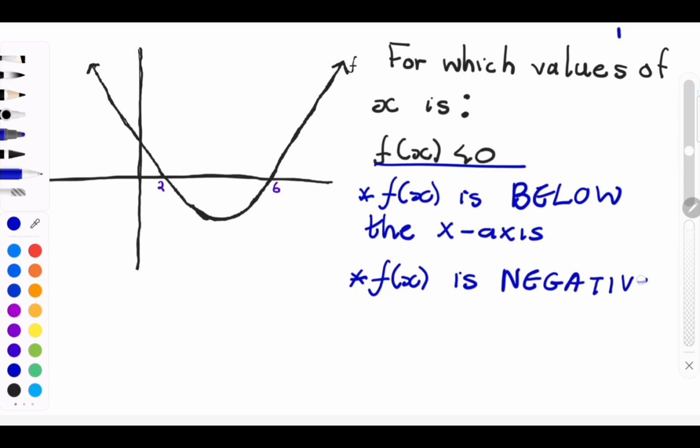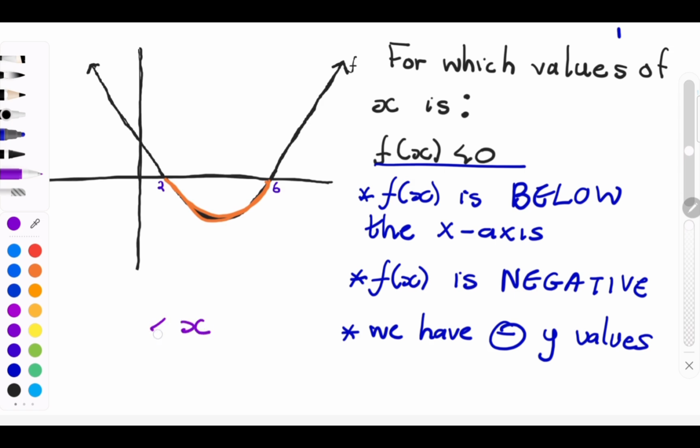So this is where we have negative y values. Now our negative y values are here below the x-axis, between the x value of 2 and the x value of 6. So when we express our answer, we will say x is greater than 2, but x is less than 6.